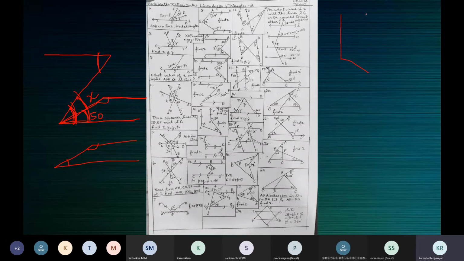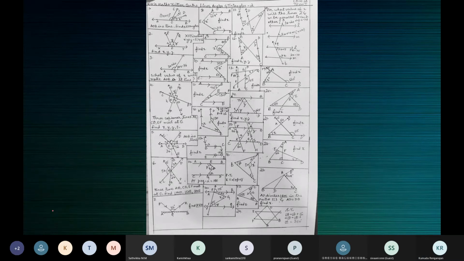Okay, one minute. So this is marked 130 degrees.